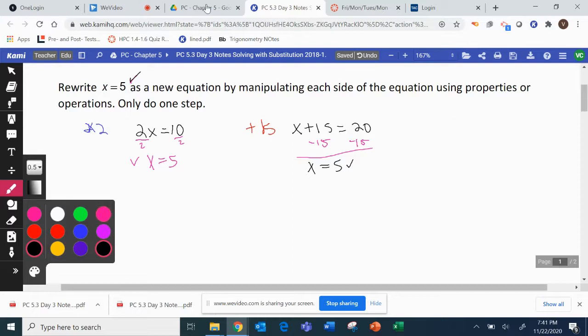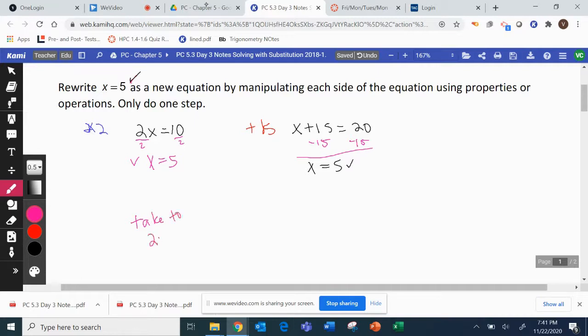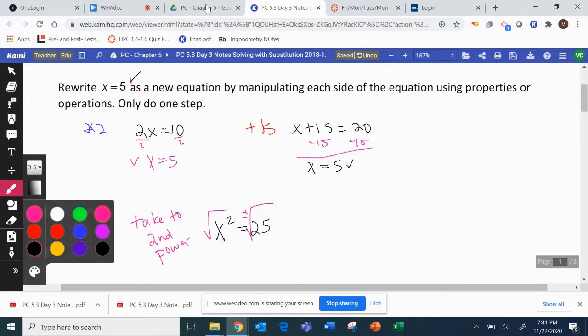What if we square both sides? If I square both sides, I'm going to get x squared equals 25. To solve that for x, I need to square root both sides. But if I square root both sides, the rule is plus minus.